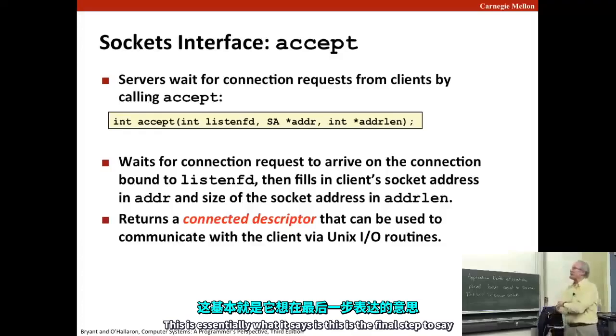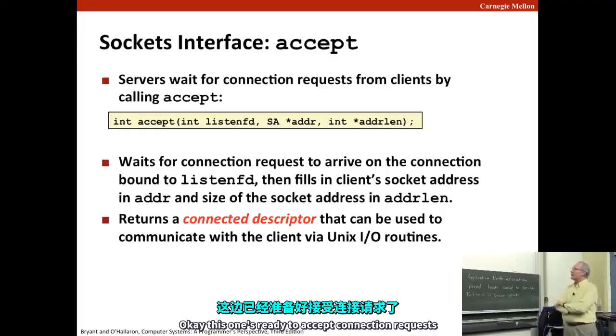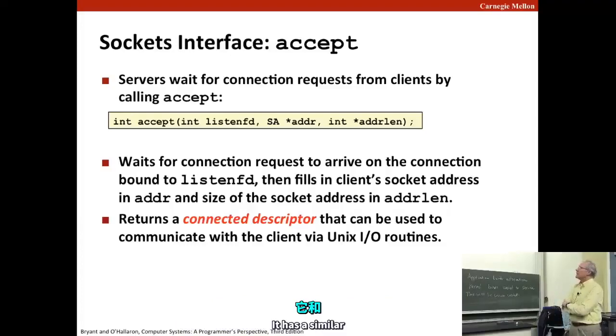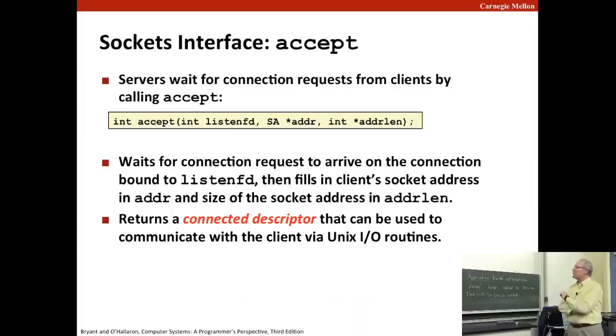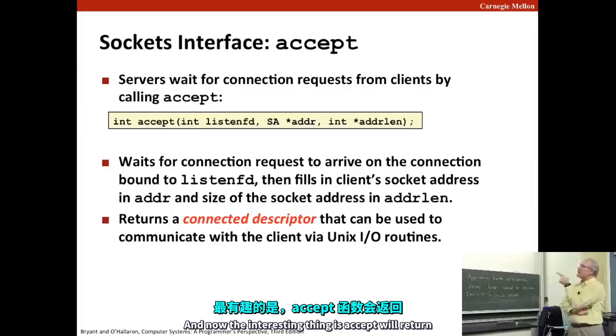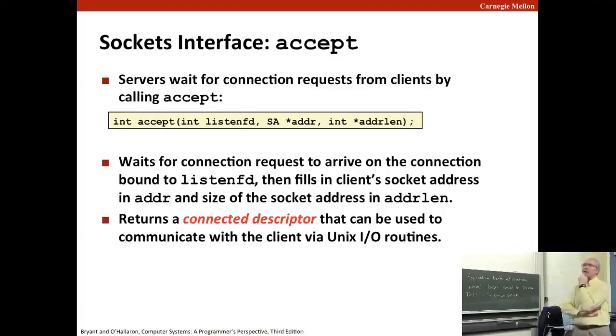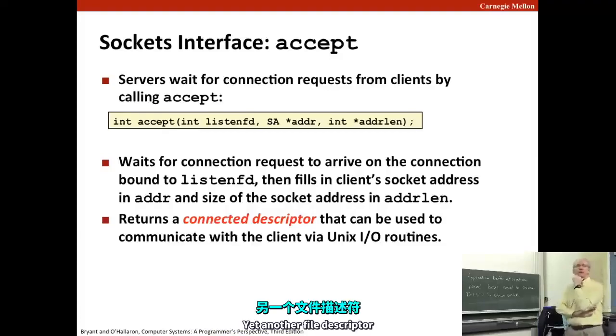This is the final step to say, okay, this one's ready to accept connection requests. And it has a similar set of arguments to socket, but slight difference. And now the interesting thing is accept will return yet another file descriptor.